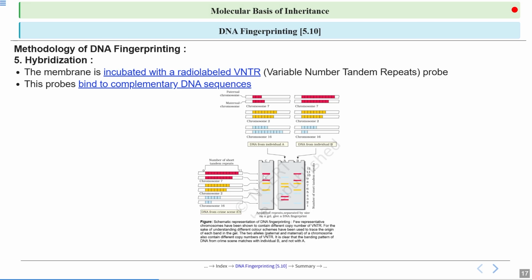You can see this red is matching, this red is matching, this yellow matching, whereas A doesn't have anything. So this is from individual A, this is from individual B, and this is from the crime scene. B is matching with the crime scene.